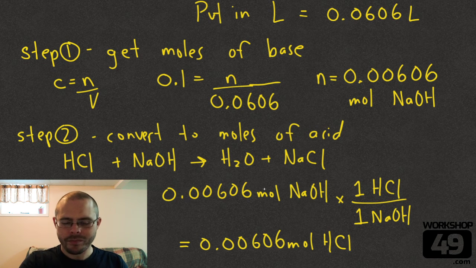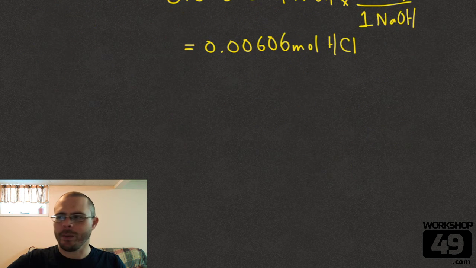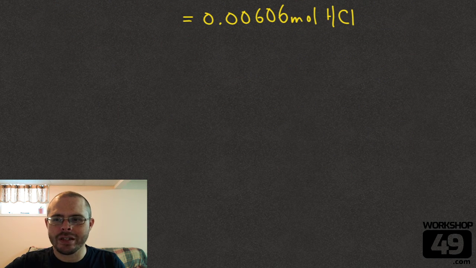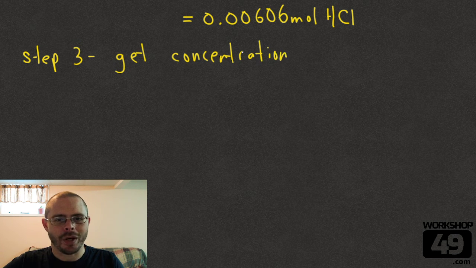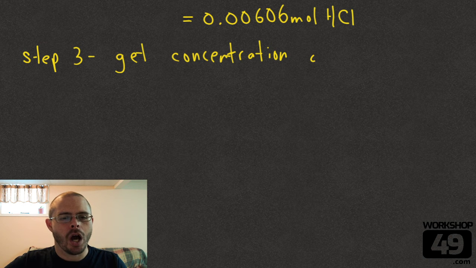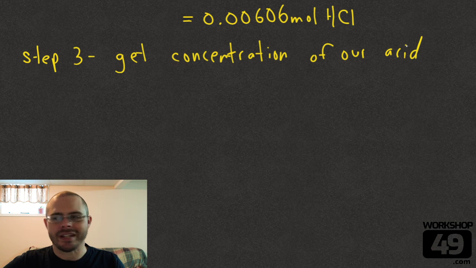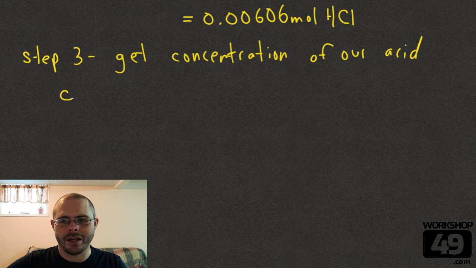One more step. In our final step, and we'll just keep that up on the screen there, for step 3, get concentration of our acid. We want to get the concentration of our acid. We are going to use the exact same equation we used in step 1 all over again.